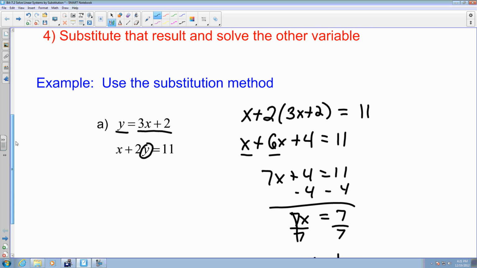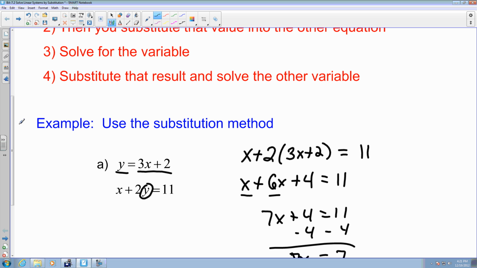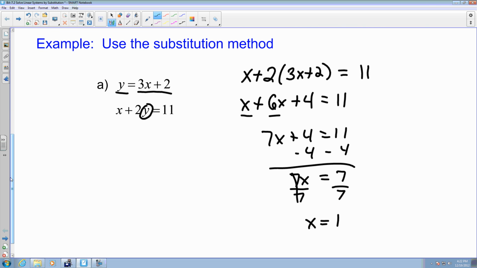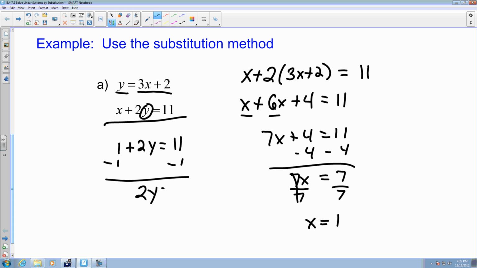Once I do that, we go back to the rules. So once I solve for that variable, now I substitute in that result and solve for the other variable. Now it does not matter which equation you use. I'm going to use this one. So I'm going to substitute in my 1 in for x. So I got 1 plus 2y equals 11. I'm going to subtract 1 from both sides, which leaves me with 2y equals 10, divided by 2, y equals 5.